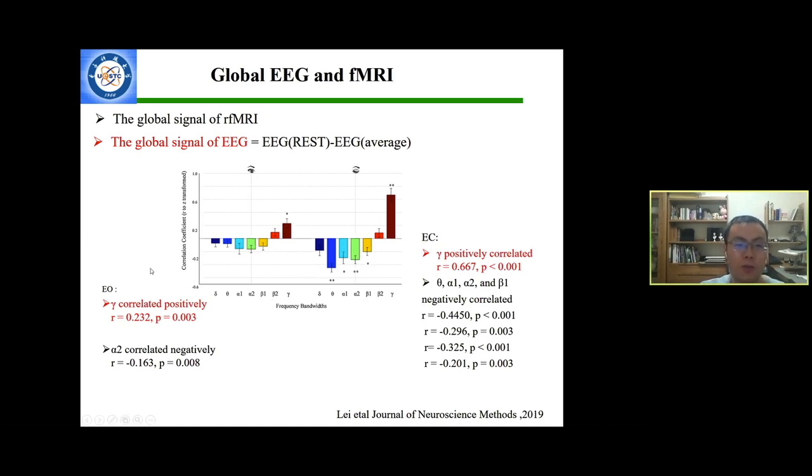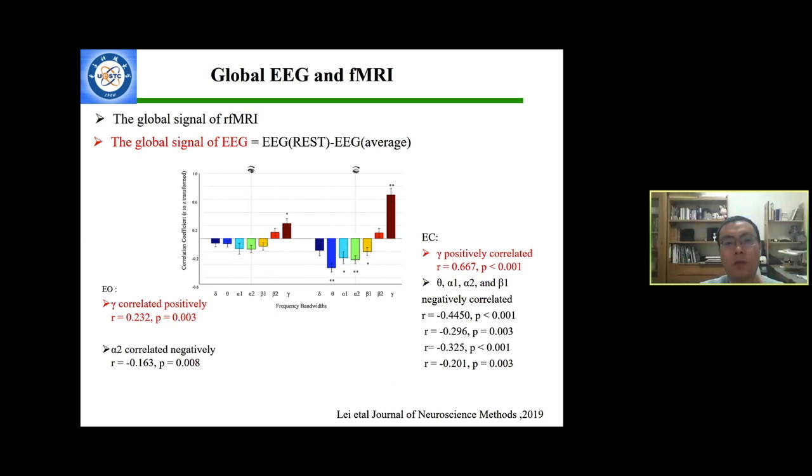And in this figure, the results show that during eyes open, the global signal of EEG in the gamma band was significantly positively correlated with the global signal of fMRI, and the global signal in the alpha 2 band was negatively correlated with the global signal of resting state fMRI. And during eyes closed, the global signal of EEG in the gamma band was positively correlated with the global signal of fMRI, and the global signal of EEG in theta, alpha 1, alpha 2, and beta 1 was negatively correlated with the global signal of resting state fMRI.